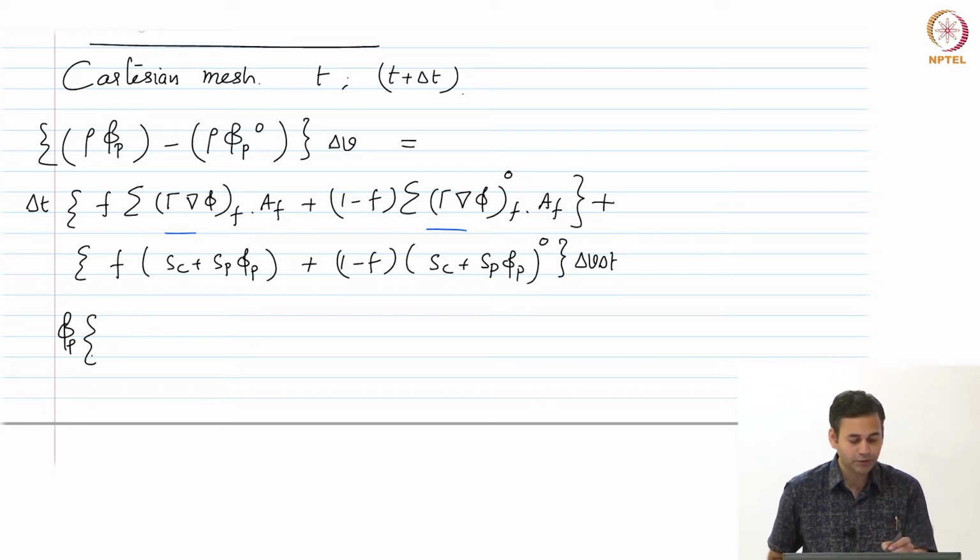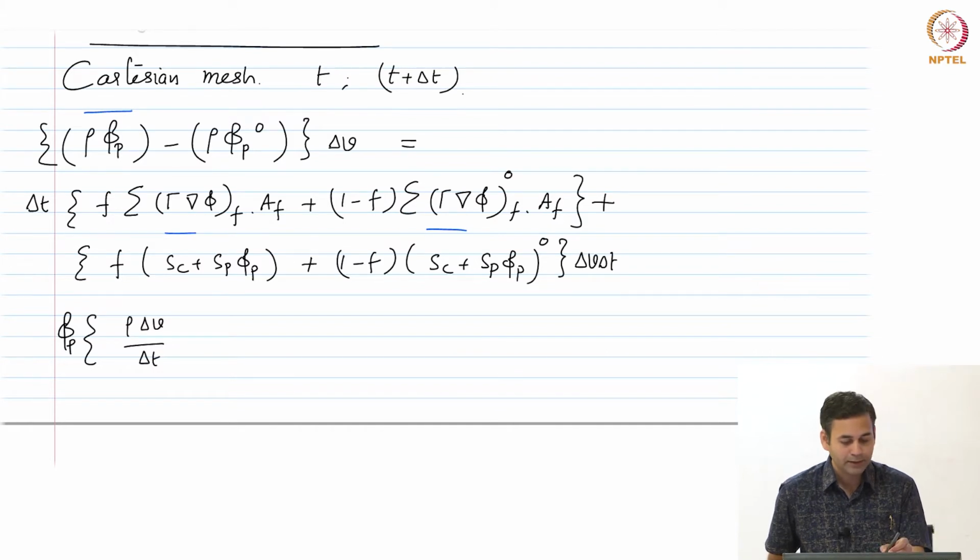You have one contribution coming from this term, that would be rho times delta v upon delta t, and then we have a contribution coming from the term gamma grad phi at 1, which contributes to phi p. All of that will have a minus sign, so when they come to the left hand side, it will all become plus. So we have plus f times sigma a and b times phi p 1.